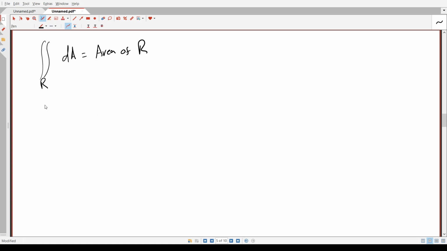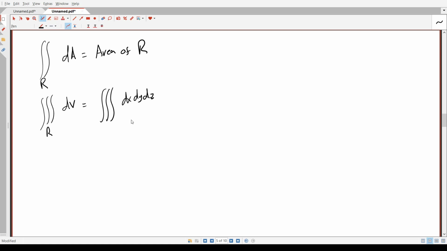Okay, so now if I do a triple integral, this is going to be over some region. We'll call it dV, so that's going to be dx dy dz.